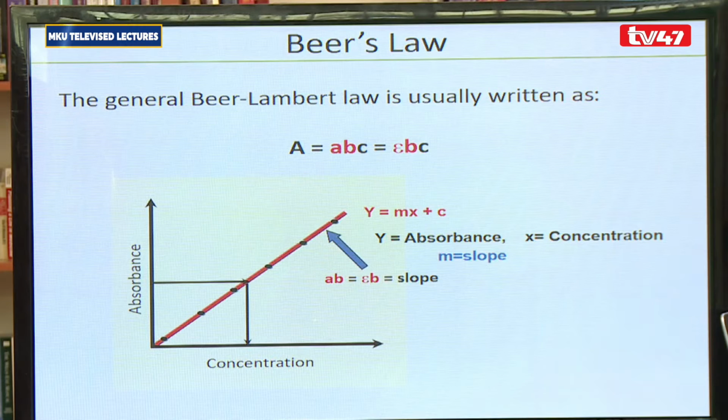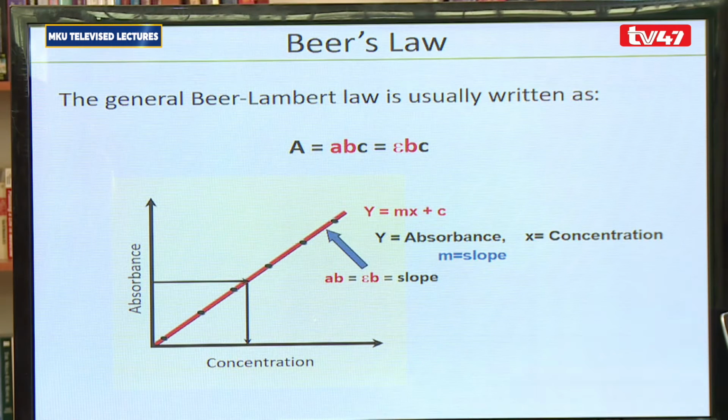The Beer-Lambert law is expressed as A for absorbance is equal to a, where a is absorptivity, b is the path length, and c is the concentration, which is also equivalent to the molar absorptivity, epsilon, the path length, b, and the concentration, c.